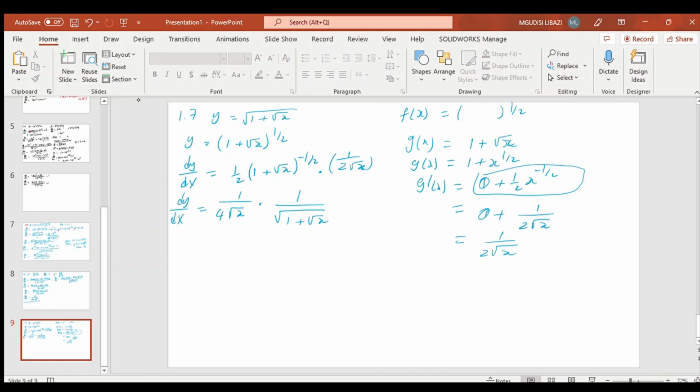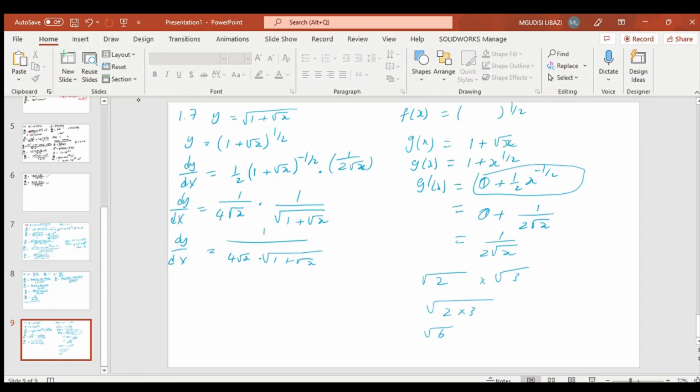So dy over dx is equal to 1 over 4 root x multiplied by the root of 1 plus root x. Now we can simplify further, since we have a square root times a square root. Remember, the square root of 2 multiplied by the square root of 3 is the square root of 2 times 3, which is the square root of 6.